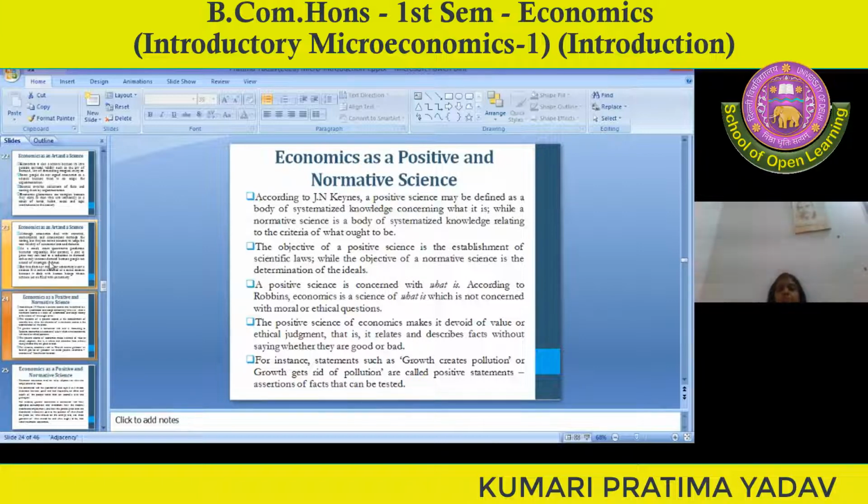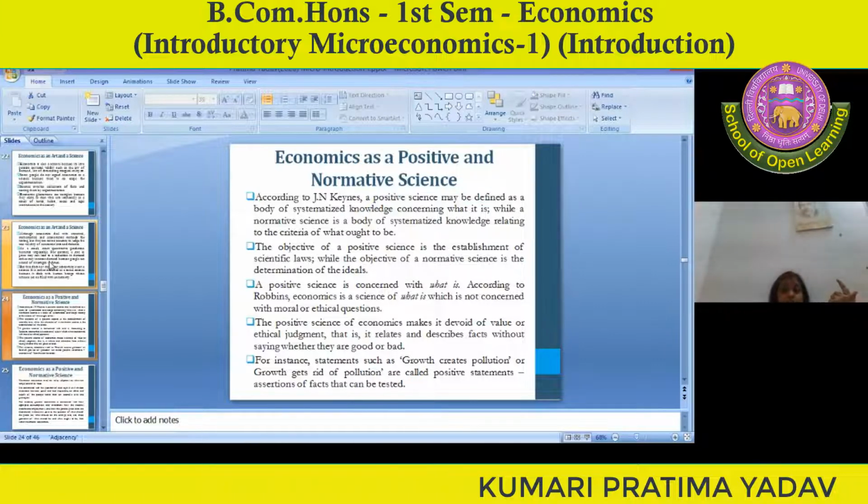The objective of positive science is the establishment of scientific law, while the objective of normative science is the determination of ideals. Okay, so we are distinguishing here particularly, and then we will finally see where economics lands. So positive science talks about scientific law, while the objective of normative science is determination of ideals.